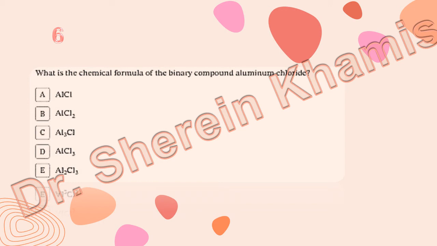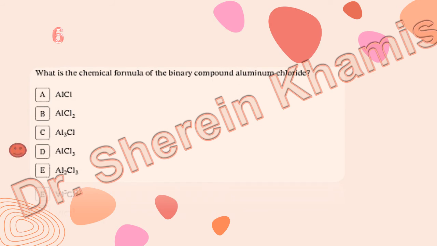Aluminium is trivalent and chlorine is monovalent, so we make an exchange of valency. We write Al, we don't write 1, Cl3, we write 3 below the right of Cl, so the formula will be AlCl3, so the right answer will be letter D.